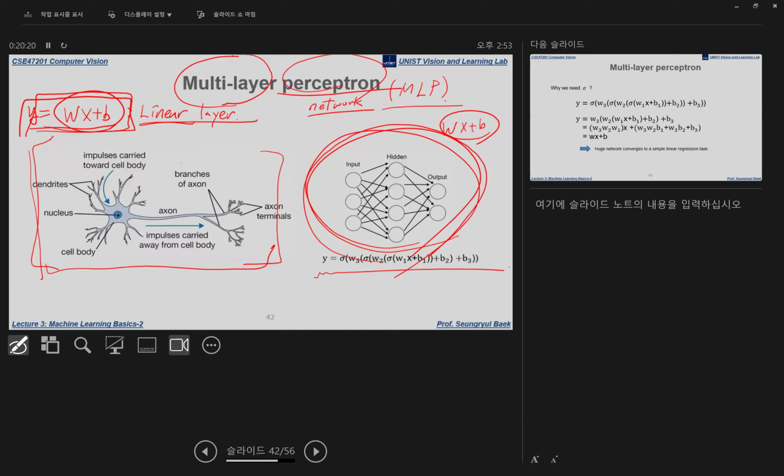And as I told you, maybe at the end of the previous lecture, their formula looks like this.